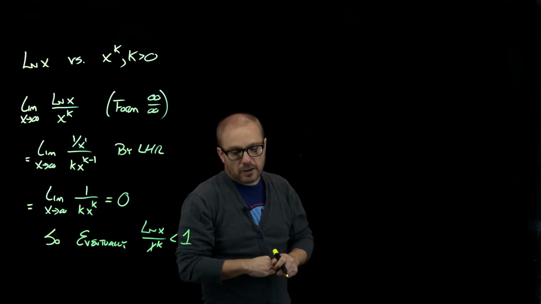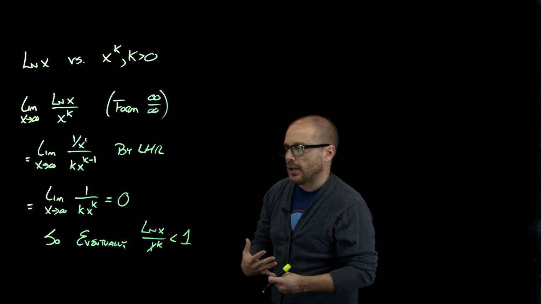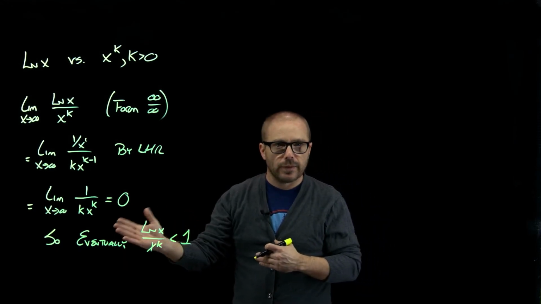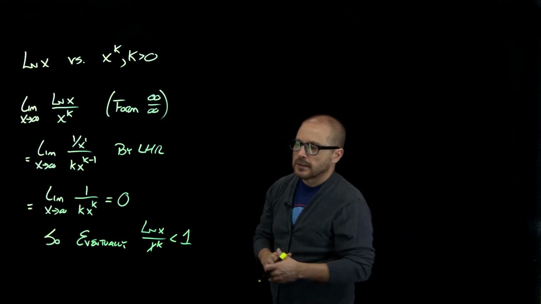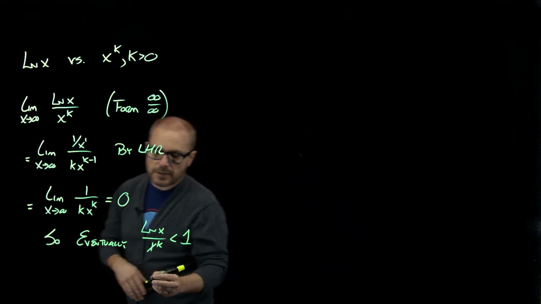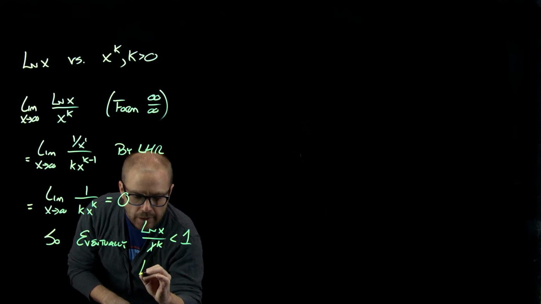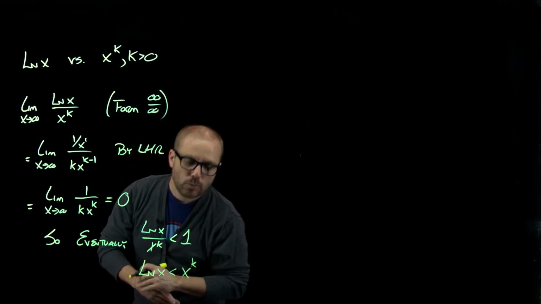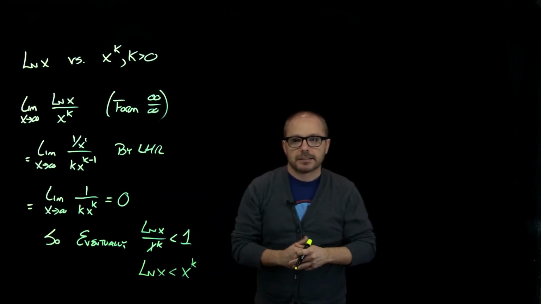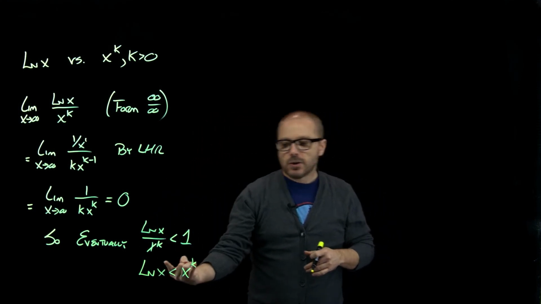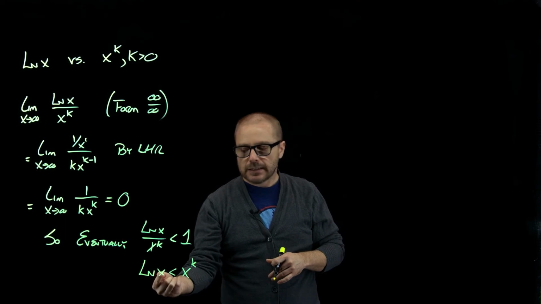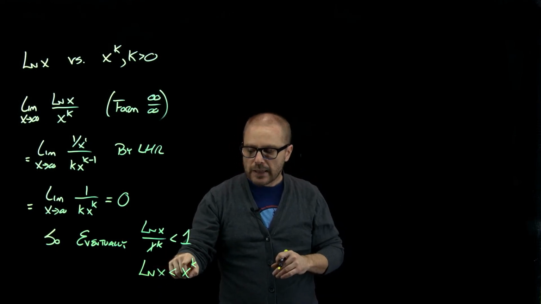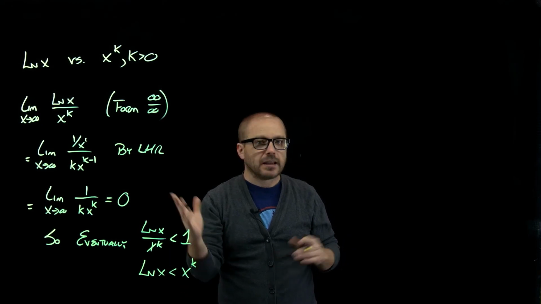Sometimes in math talk we say for sufficiently large x, right? Once you get to a certain x value, this is going to be true, and then it's going to be true from then on. Well, now multiply both sides by x to the k, and we have an inequality. Natural log of x will be eventually less than x to the k. And this is how you can do a comparison in DCT. So if you've got a natural log of x in your integral, you know that you're allowed to set up an inequality with x to any power you like.